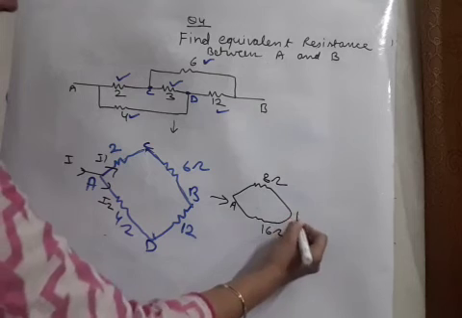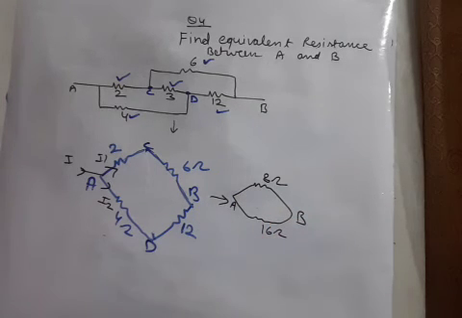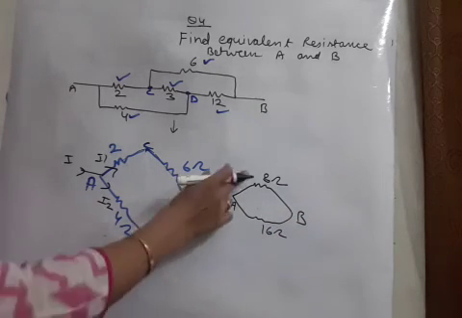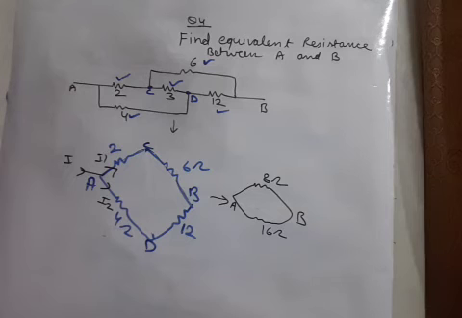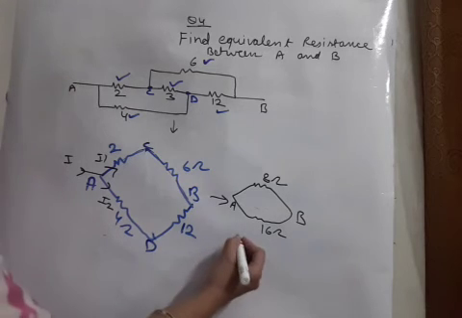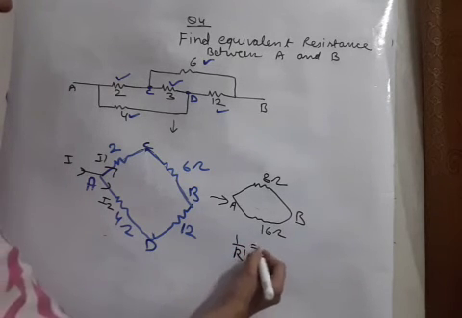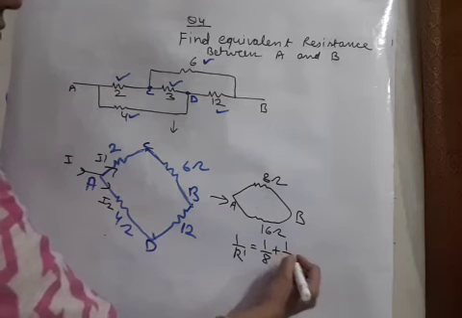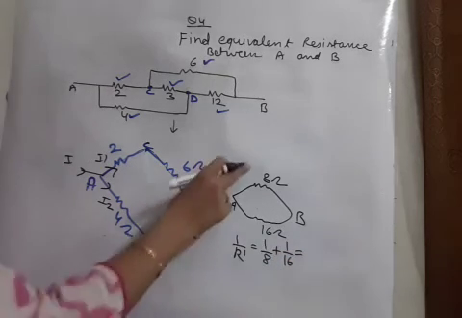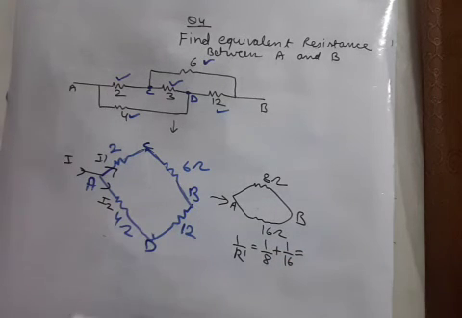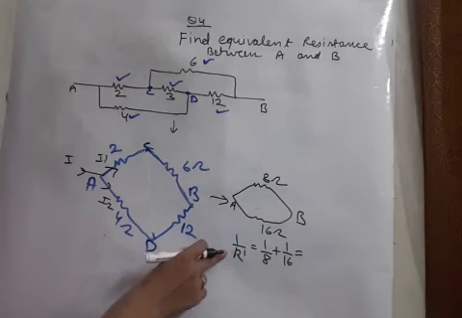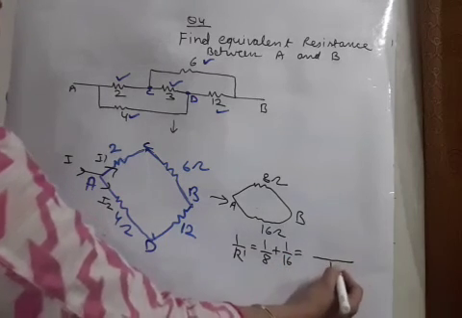So between A and B, 8 and 16 ohm we have obtained. Now this 8 and 16 ohm are in parallel. So we will write the reciprocal: 1/8 and 1/16 we have to add to get 1/R dash. 16 is the LCM.